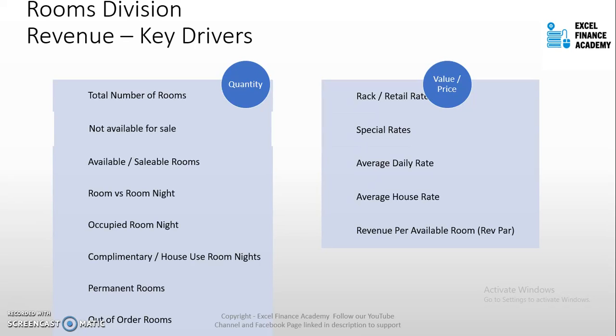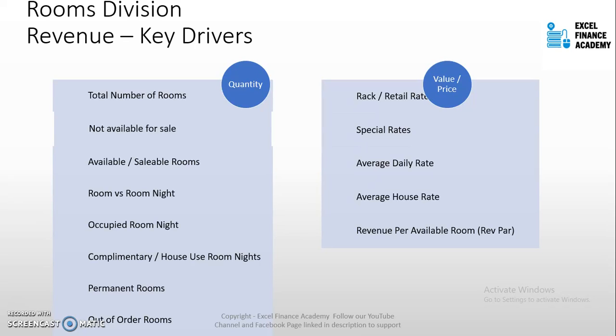Then you have revenue per available room, the most used term when you are comparing the hotel's performance, because there are two different strategies to maximize revenue. Either you can reduce the price and focus on the volume, or you can focus on the yield, meaning command a high price and may not get so much volume business. Which way is the effective way?